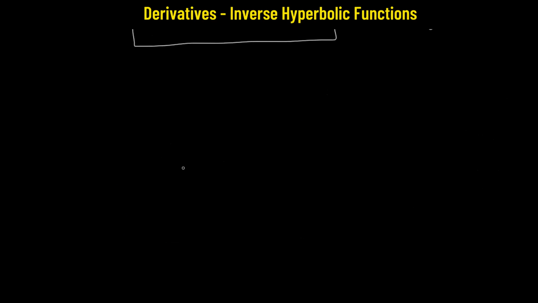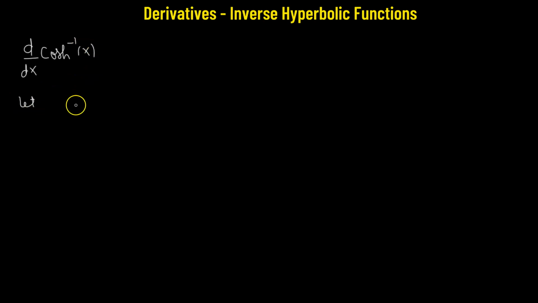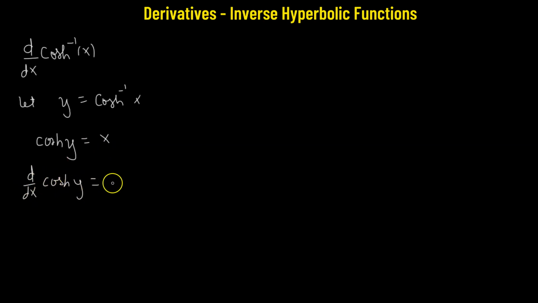Let's now talk about the derivative of the inverse hyperbolic cosine function. Same procedure, we consider that y equals cosh inverse of x. We take the hyperbolic cosine function on both sides, which gives us cosh y equals x, and taking the derivative with respect to x, cosh y equals the derivative of x with respect to x.